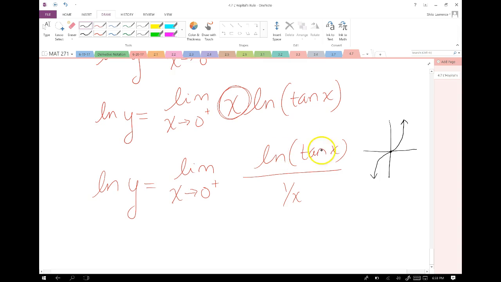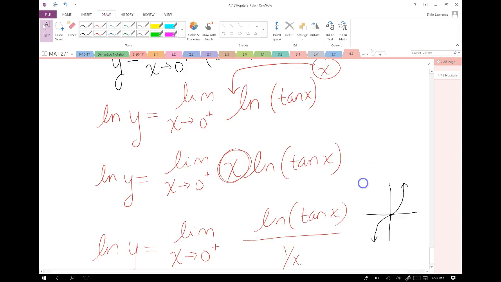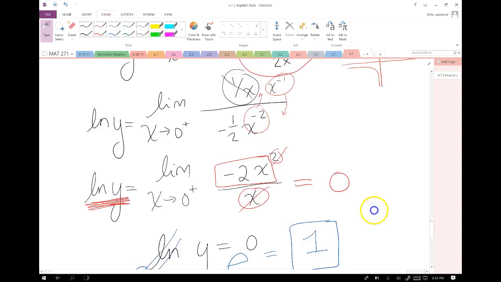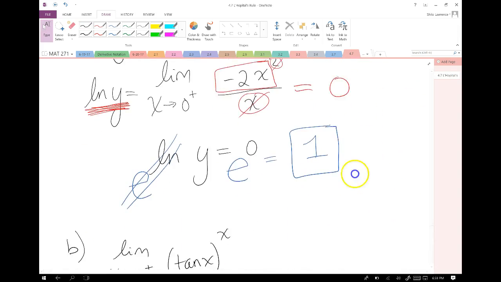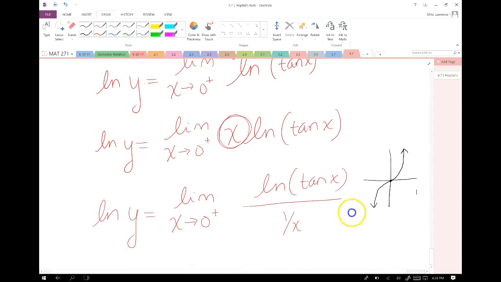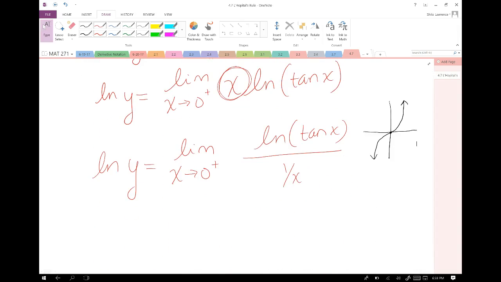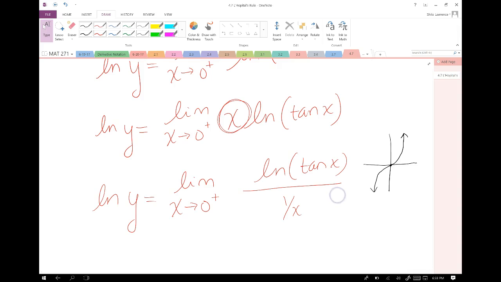And then if you try to plug 0 into the log graph, we saw up here, the log graph at 0 is going to negative infinity. So if you're not sure about some of these really weird functions, just look at their graphs, because the answer to a limit is the y value. So this top piece is going to negative infinity.